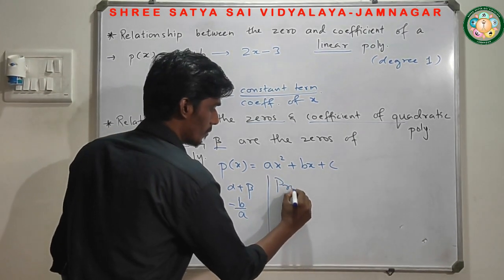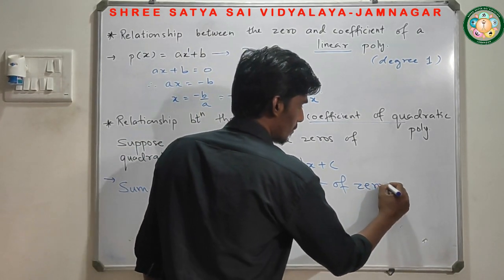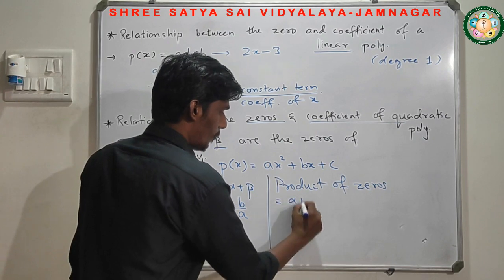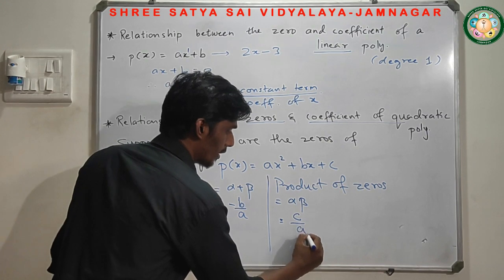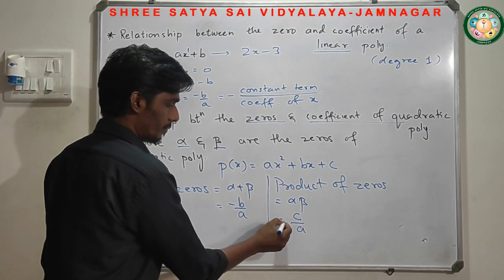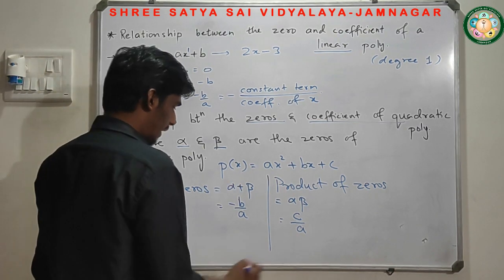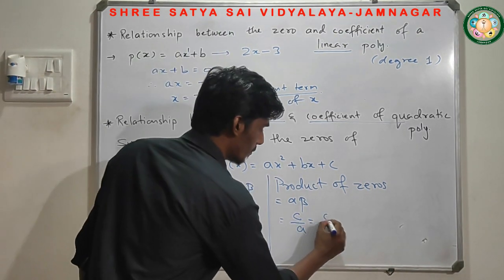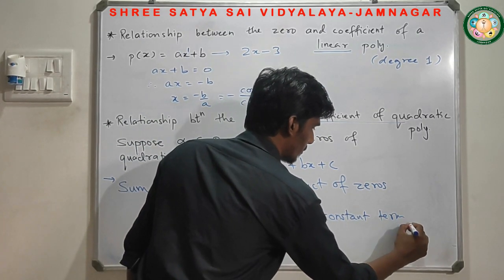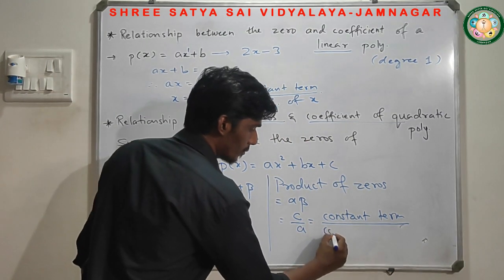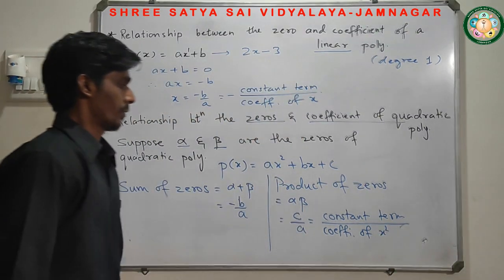Similarly, the product of zeros is what? Alpha into beta, that is c upon a, where c is a constant term and a is the coefficient of x square.